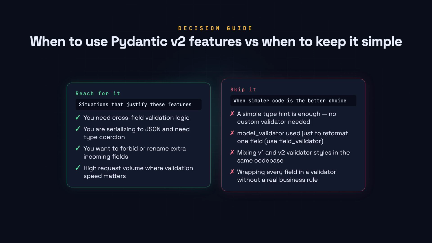Use model_config to enforce a consistent policy across a whole model, like stripping whitespace or forbidding unexpected fields. On the other hand, if a plain type annotation already does the job, adding a validator just adds noise. And never mix version 1 style @validator decorators with version 2 style @field_validator in the same project. That inconsistency will confuse every developer who reads the code later.